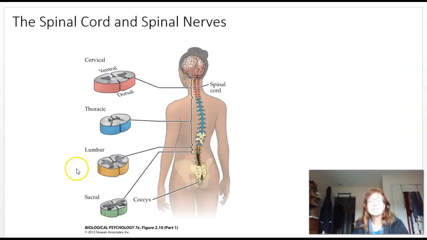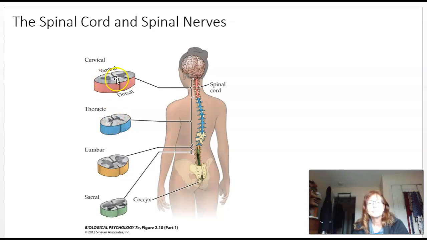Just to give you a little bit of a view, we've seen the cranial nerves. Now here's some of the spinal nerves that we can look at as they're correlated with segments on the spinal column. These are little cross sections of the spine itself, and at different levels we're seeing the spinal cord in cross section.